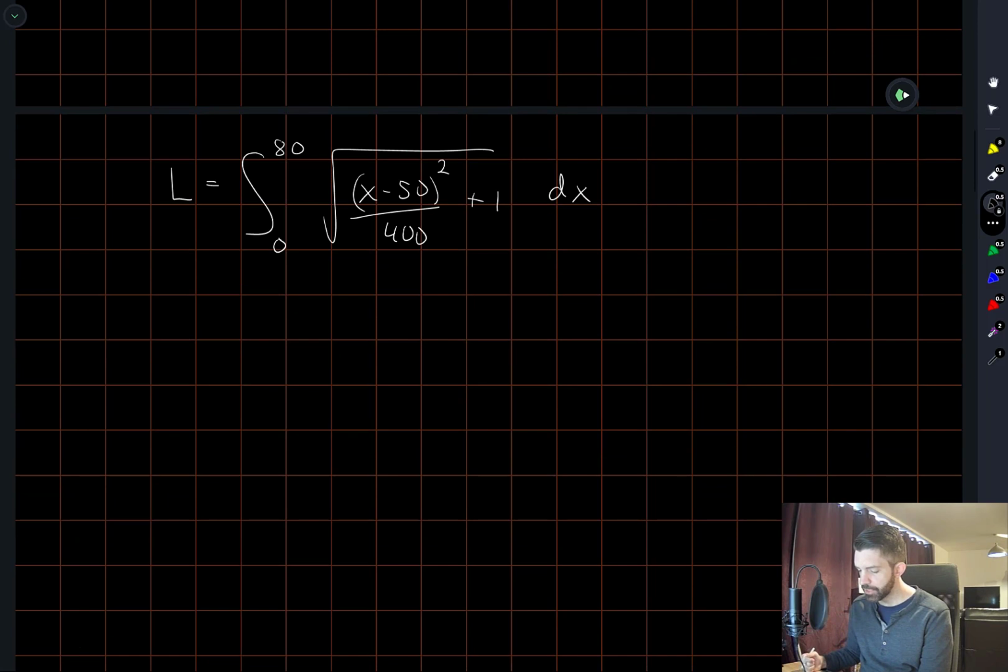I'm not sure off the top of my head what the best way to do this is. It looks like maybe there's a trig substitution to be made. Well, let's do a little bit of simplification first here.